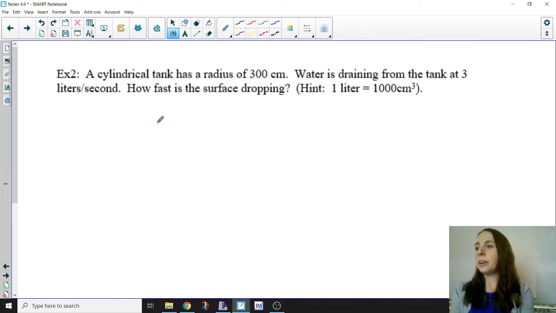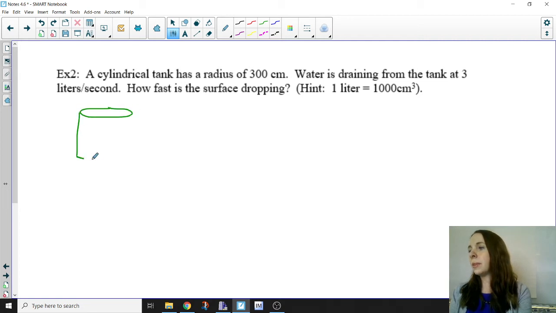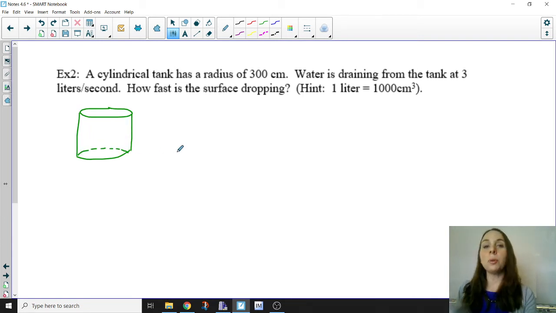Okay, but first, let's draw a picture. Okay, so you're going to want to draw a cylindrical tank, a cylinder, right? Let's see if I can do this on camera. Okay, not beautiful. Oh, well, whatever.